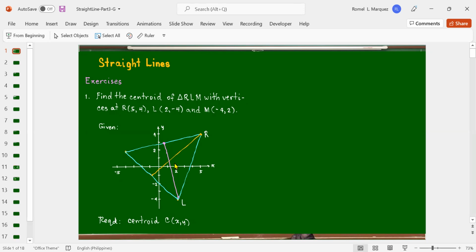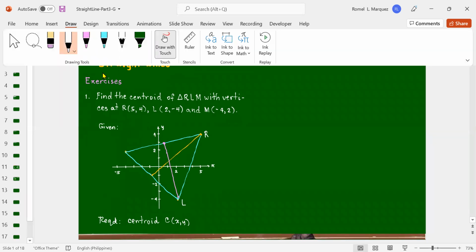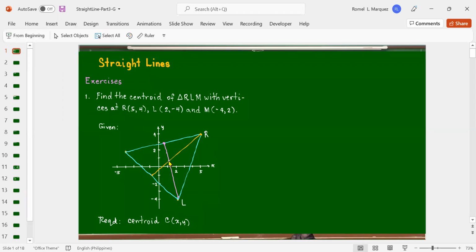Okay? So the possible location of the centroid is somewhere here. But of course, don't expect that this point is the accurate location, because the triangle is not really accurately drawn.